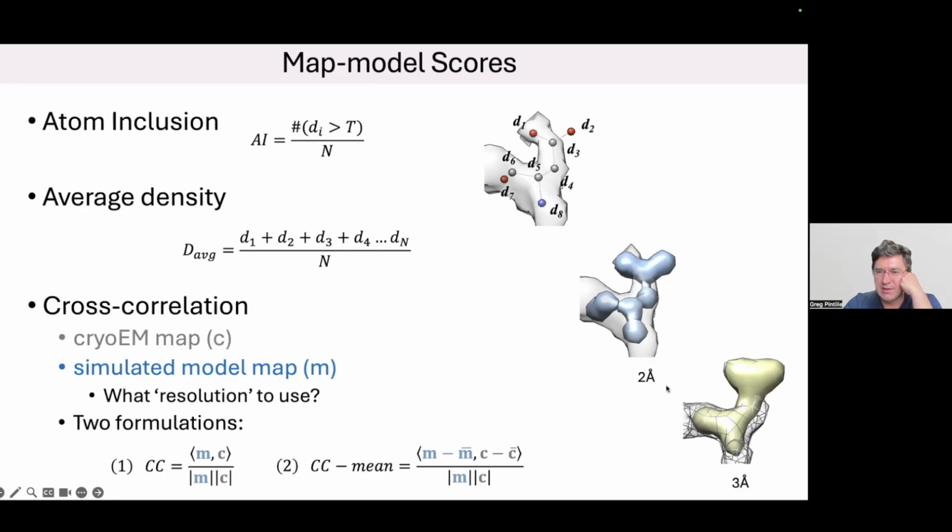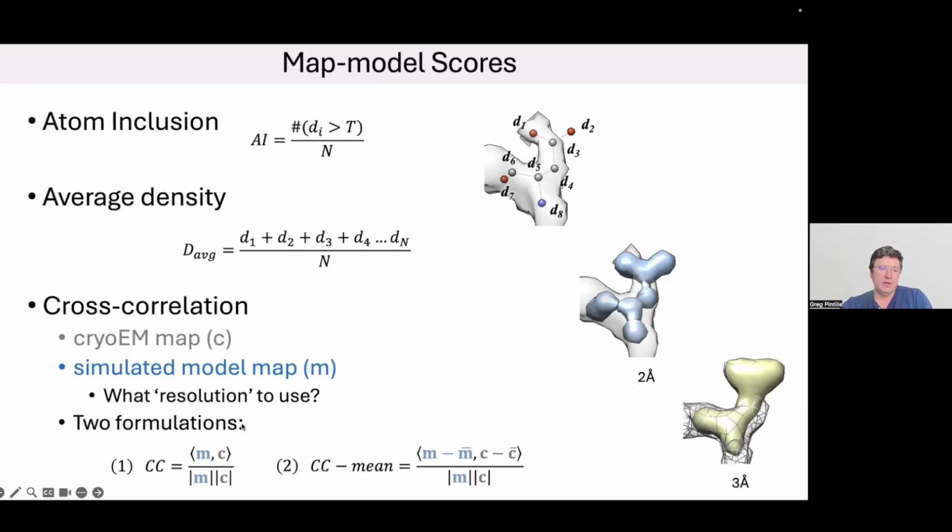If I want to simulate a map at low resolution, I just use a wider width for the Gaussian. There are various formulas for converting the width of the Gaussian to the resolution, but it's still kind of approximate. So that's one parameter involved in this process.